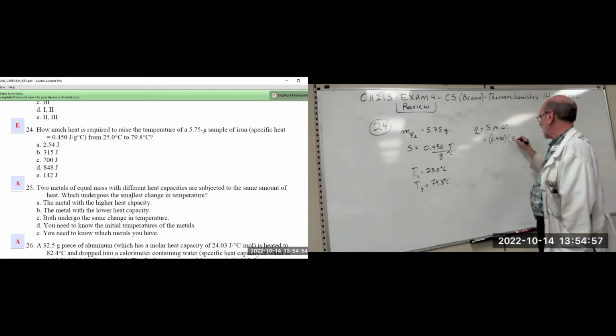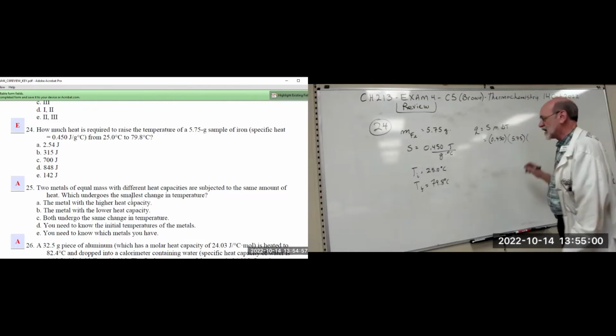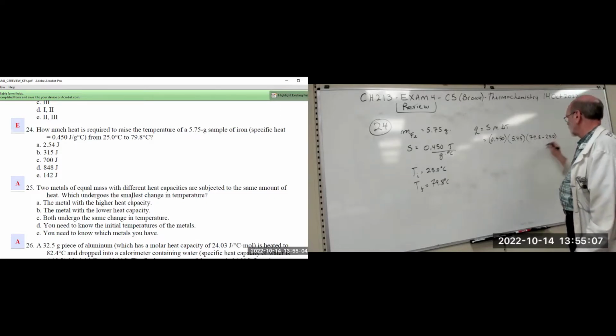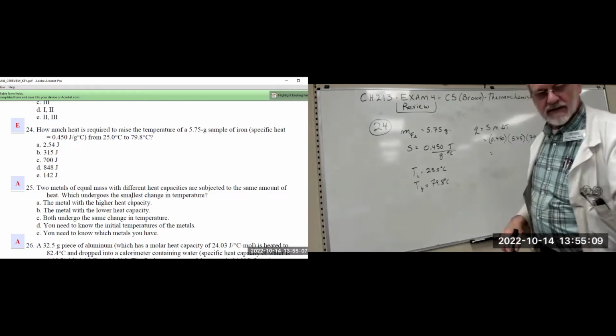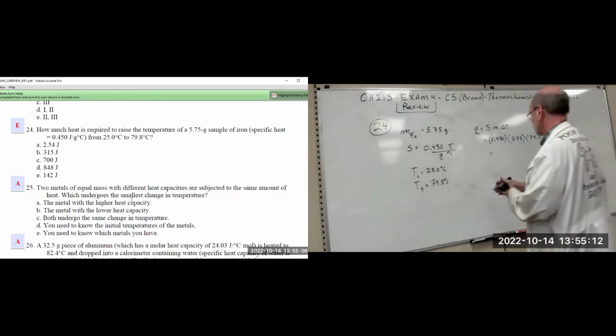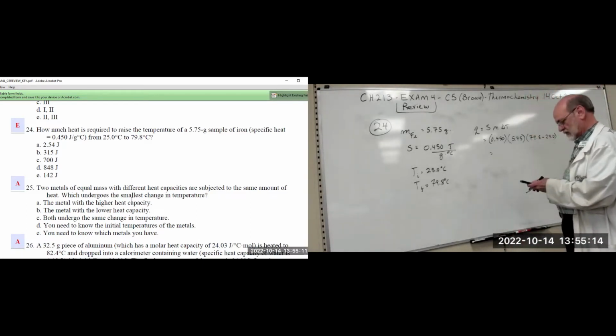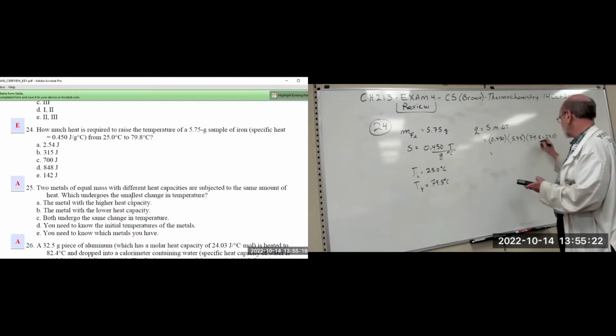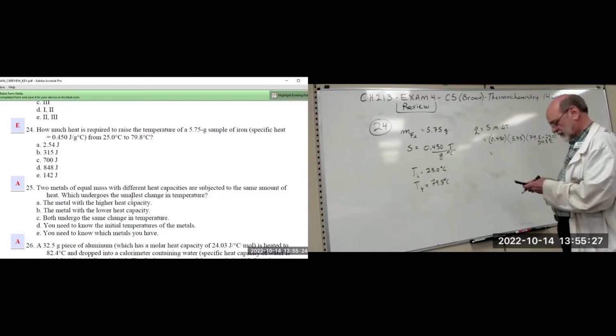Mass, 5.75. And change in temperature, final minus initial, 79.8 minus 25.0. So we just need to get out the calculator. Let's do this one first: 79.8 minus 25.0 is 54.8 degrees C difference, times 5.75, and then times 0.45.